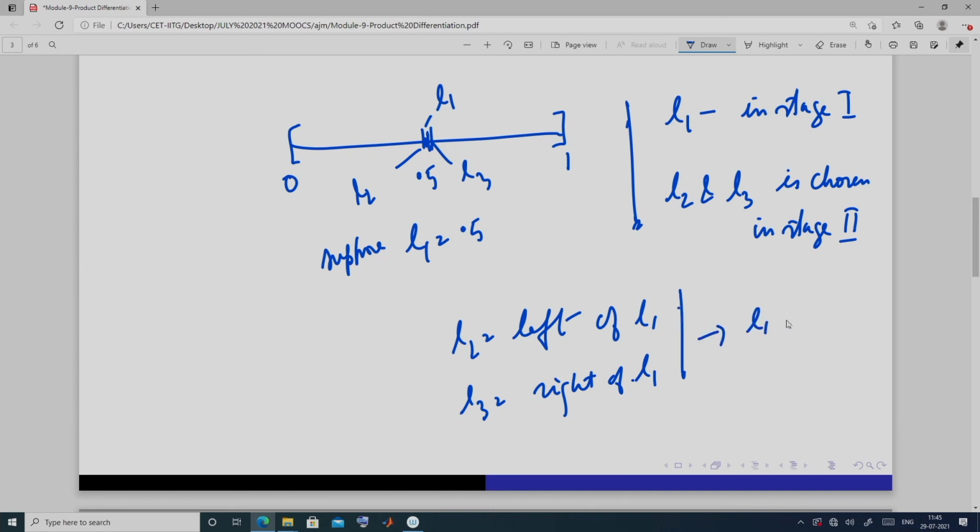So, L1 is sandwiched between these two. When it is sandwiched, it is not getting any consumers, so its profit is 0. So, it will not select this. From here we get that it will be either in this or in this. It does not matter.